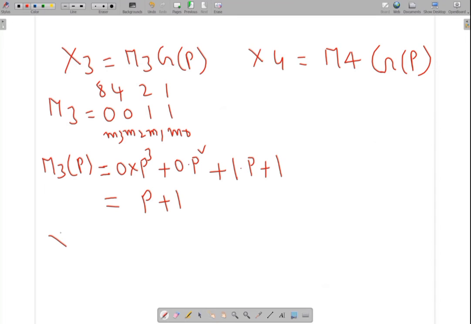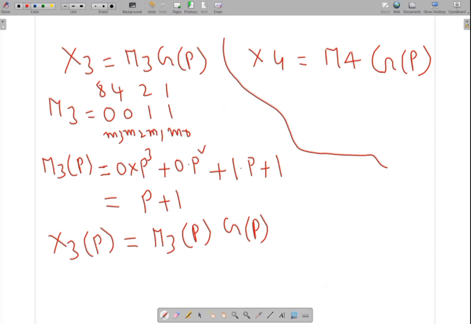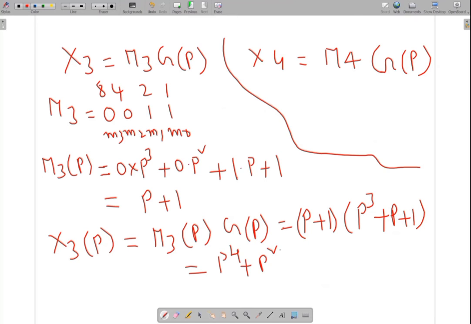Now, x3 of p is equal to M3 of p into G of p. This is related to x3 only. M3 of p is p plus 1. G of p is p cube plus p plus 1. Multiply p into p cube, p power 4, p square, plus p. Cube plus p plus 1.